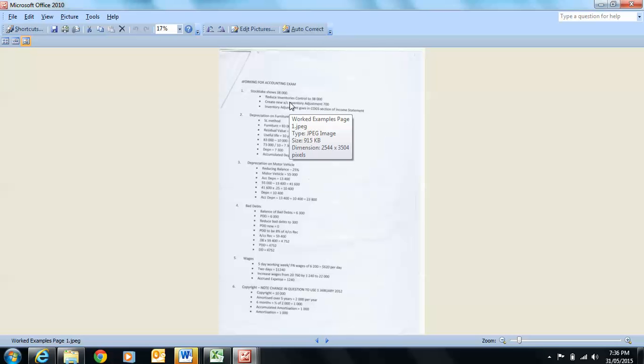So what do we have to do about that? The inventory control account has to reflect what's in the stock take. So it's reduced to $38,000, and because we can't just make up numbers, we have to create a new account called the inventory adjustment account. And that reflects the $700 that has been lost.